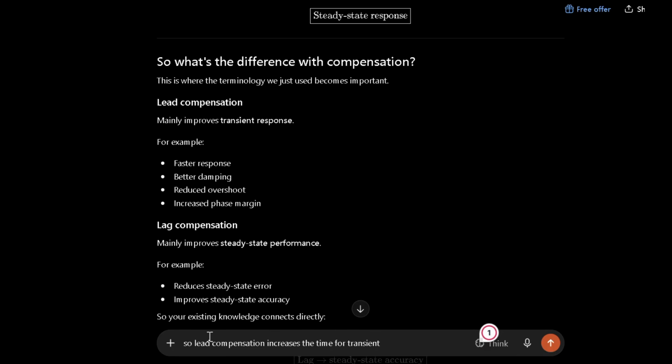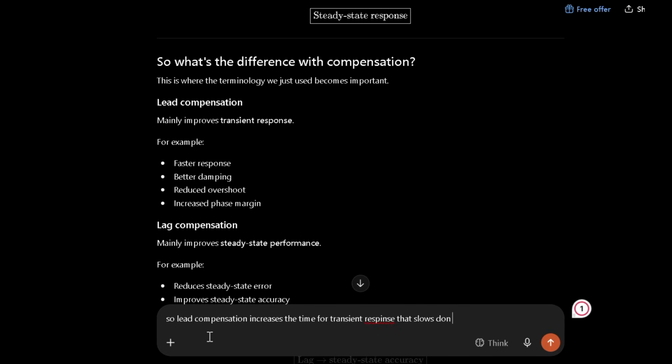That slows down the system response rate, but you get a better steady state response.